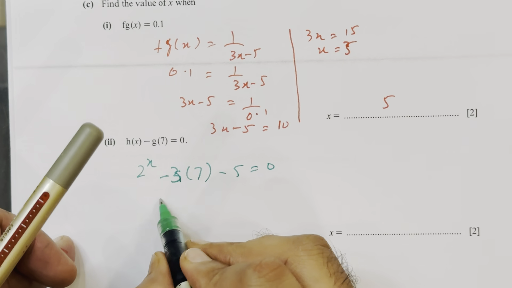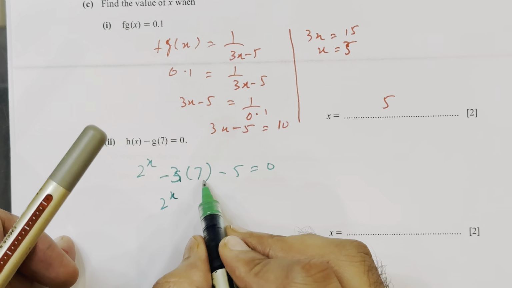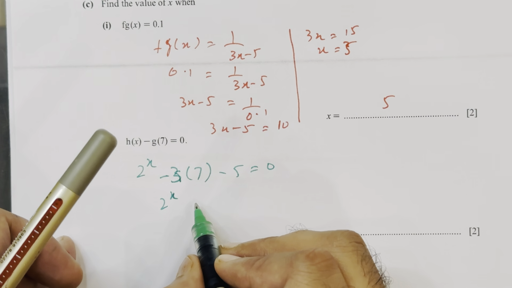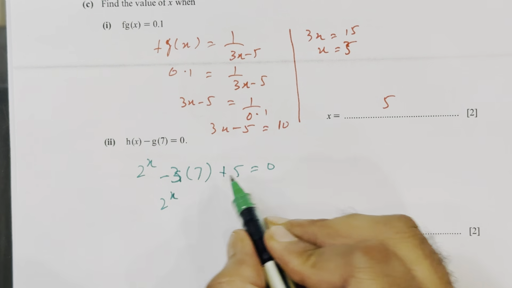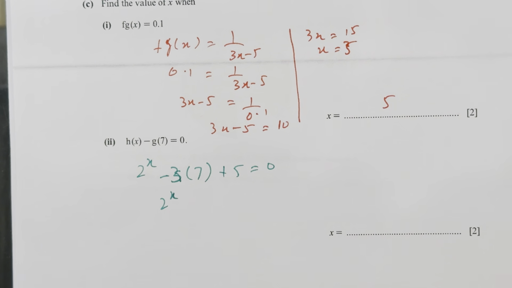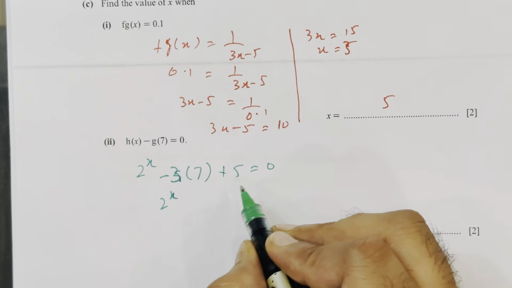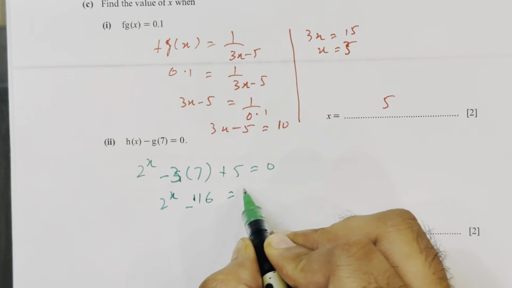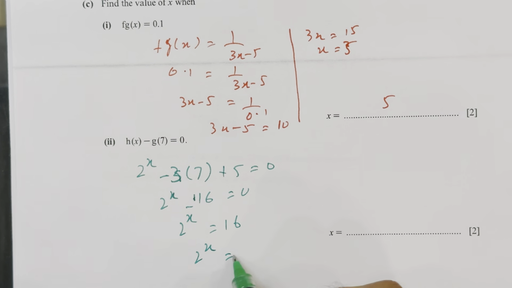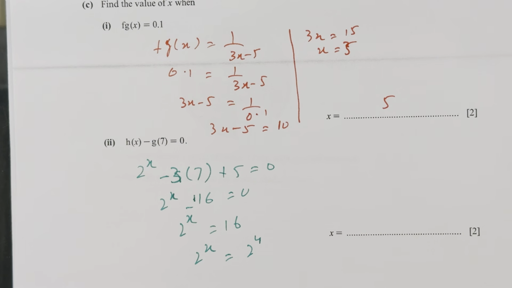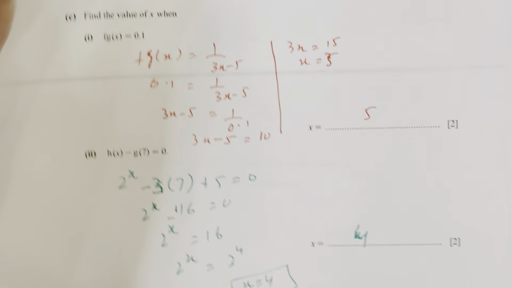After solving it, 2 to the x minus 3 into 7 is 21, so this would be plus 5, 21 minus 5 would be equal to 16, and 2 raised to power x would be equal to 16. 16 is 2 raised to power 4. So you can compare, and after comparing you get the value of x is equal to 4. So this is how we have completed question number 11.